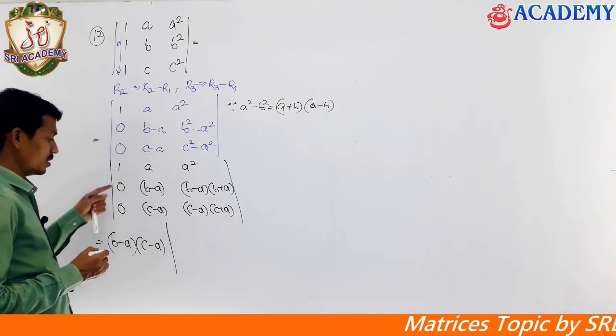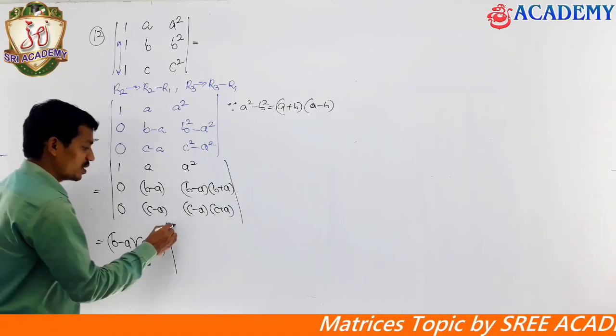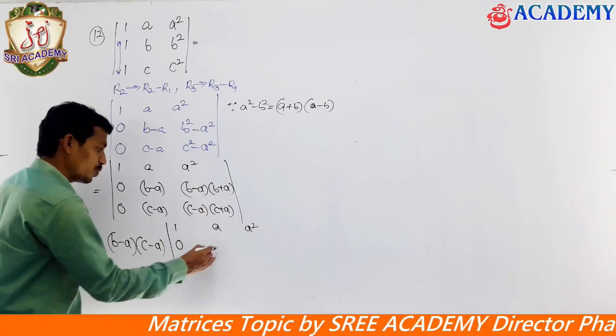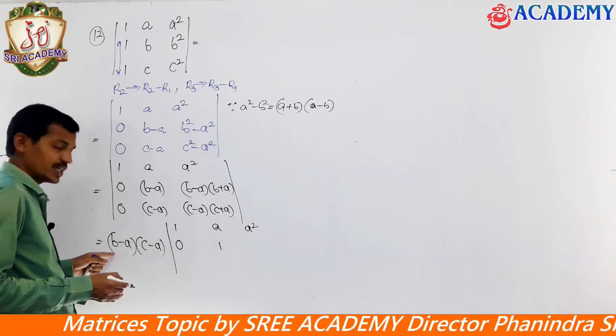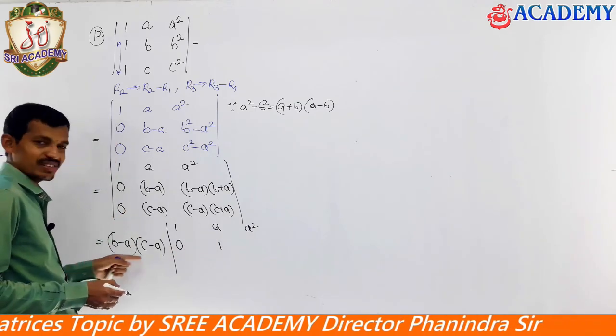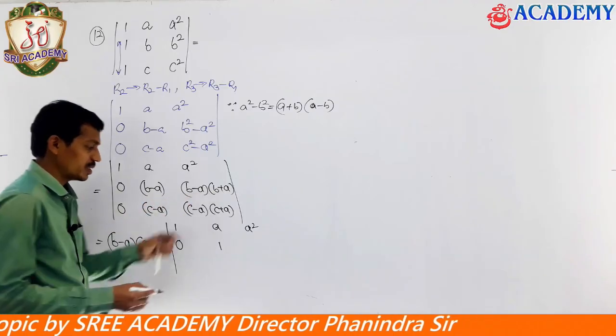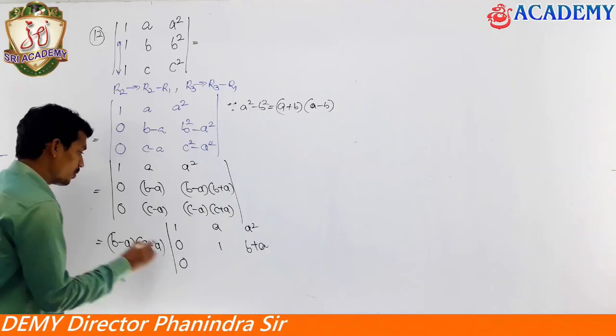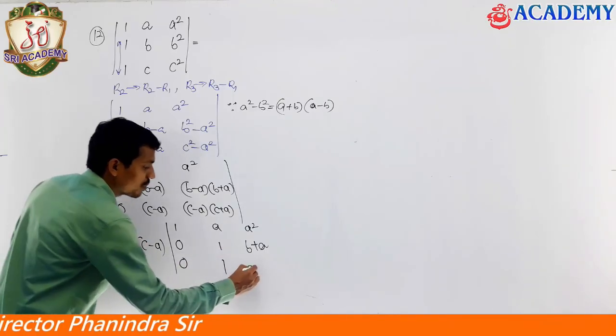The first row stays as it is, row number 2 is 0, 1, b plus a, and row 3 is 0, 1, c plus a.